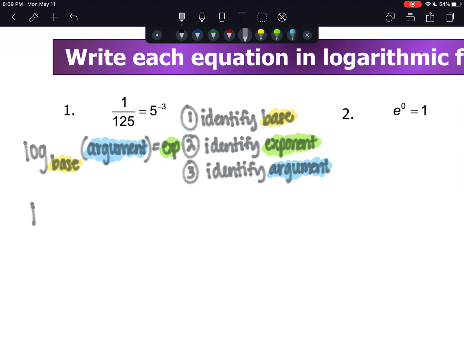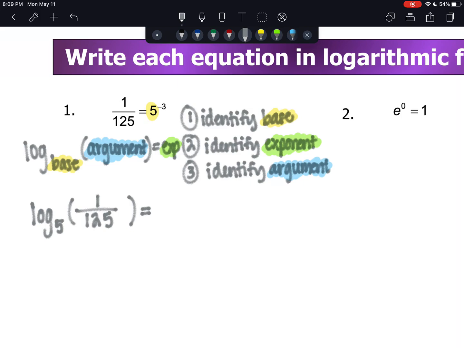Okay, so I'm going to rewrite this log. Now the base is the number that we're going to multiply by itself. So the base in this case is 5. And then the argument is going to be the result. So the result of multiplying 5 by itself a certain number of times is 125.